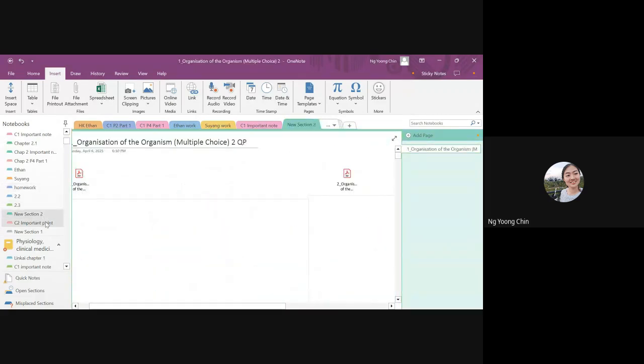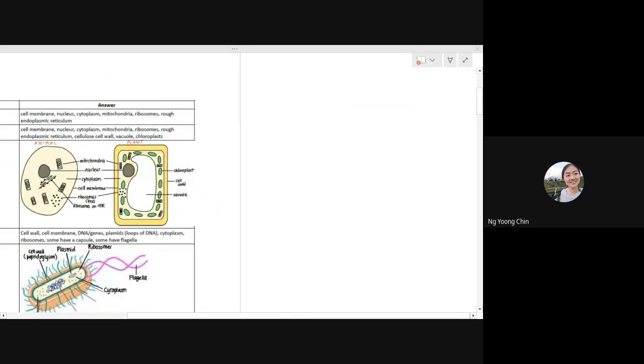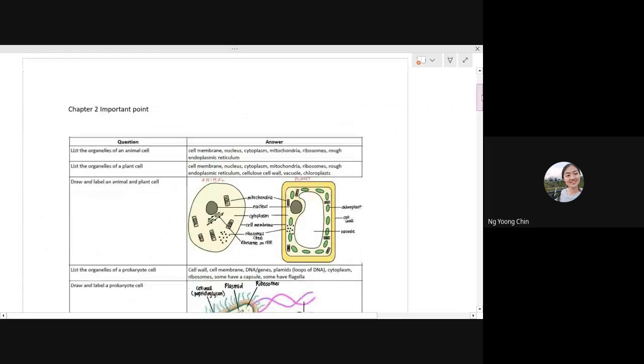So maybe I can show you the Chapter 2 important points. In every chapter that you learn, I will give you what we call a quiz card. In biology, you have a lot of terms to learn and some terms to memorize.